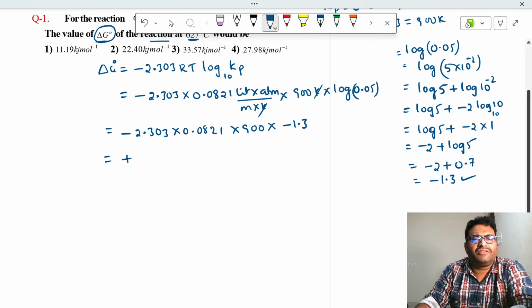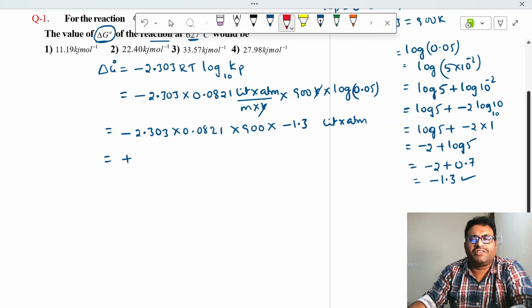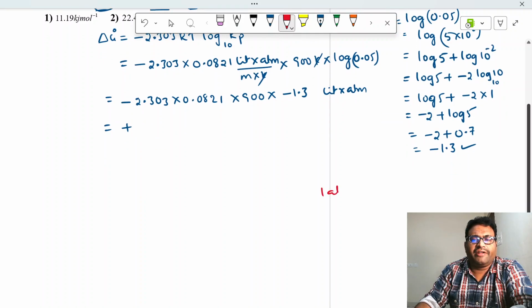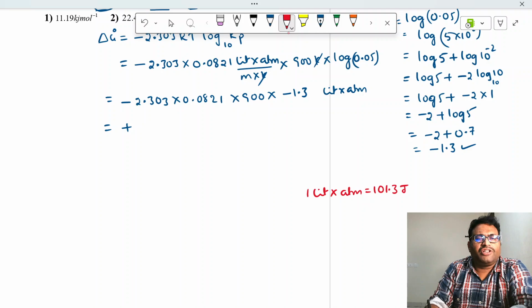So this is what you are getting, in liter atmosphere, and we know from thermodynamics that 1 liter atmosphere is equal to 101.3 joules.